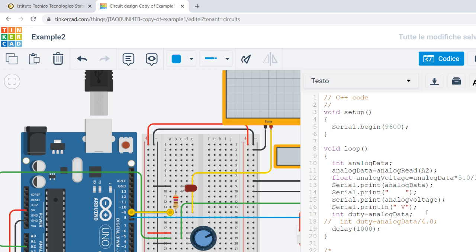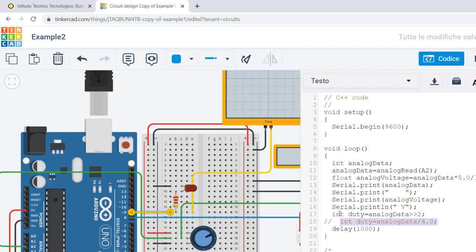So we can just do something like that. This instruction is shift to the right of 2 positions. So duty is the same number as analog data without the 2 least significant bits. It is the same operation as this one.